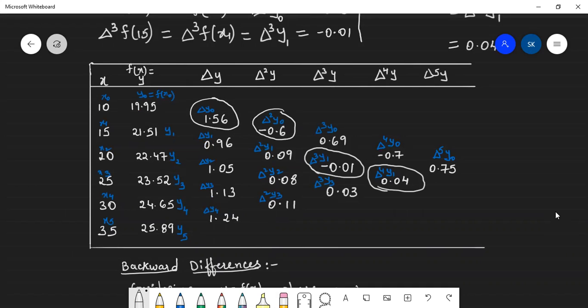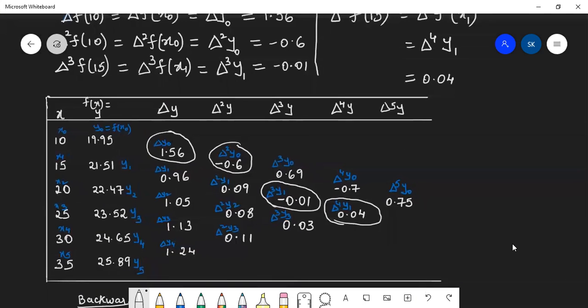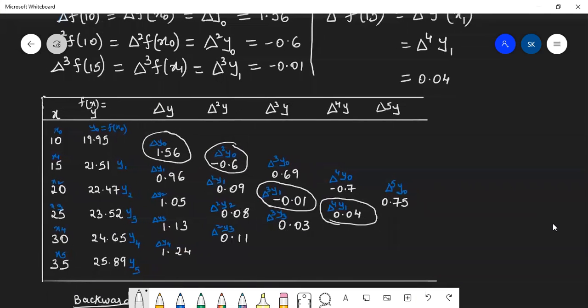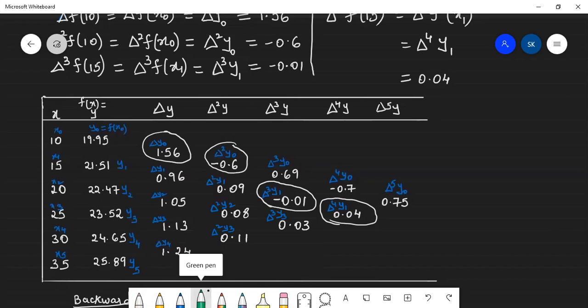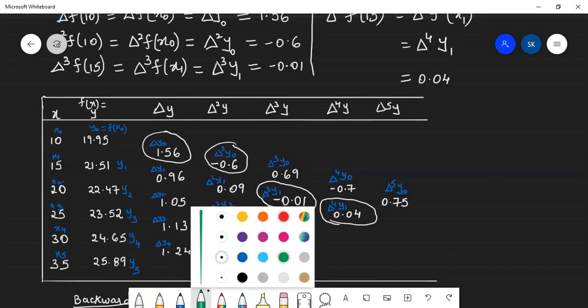So if, suppose, in the same question, I fill the backward difference table and find a few values, what will be the values? Okay. Before writing the values, shall we write the notations of these in the same question? We'll understand the difference, what is actually happening.